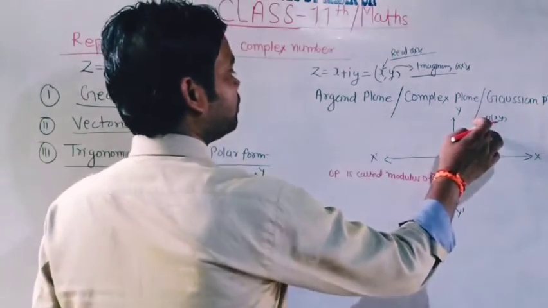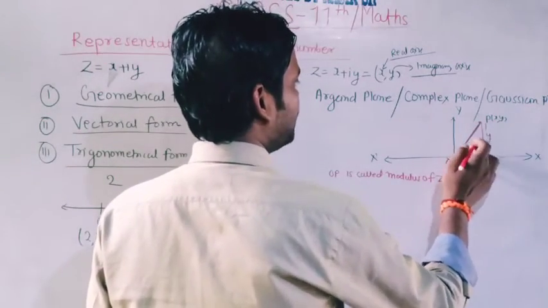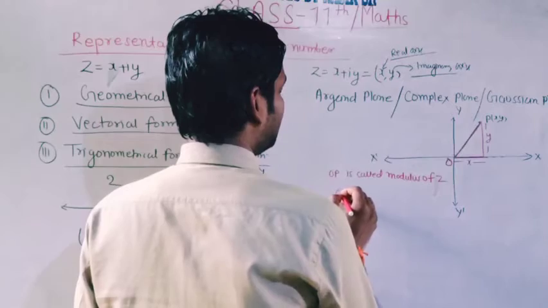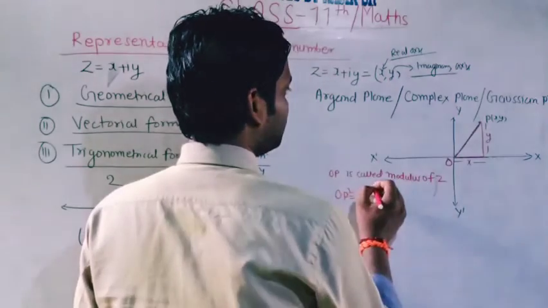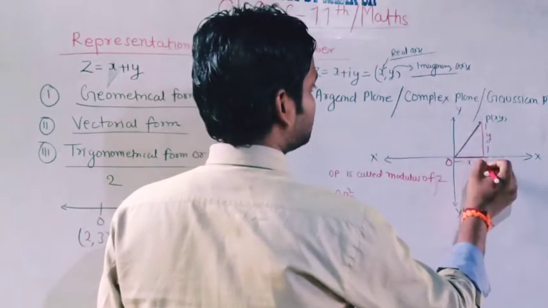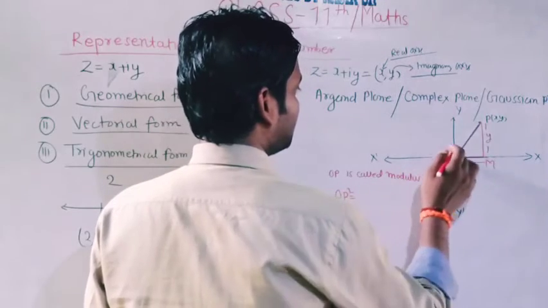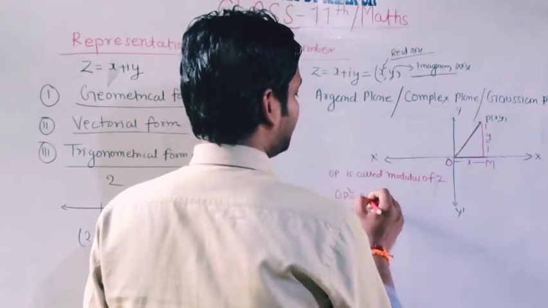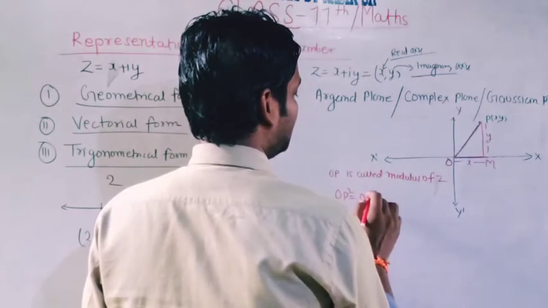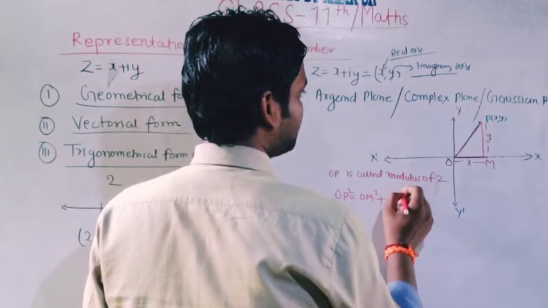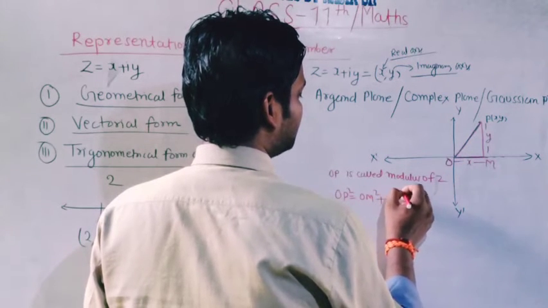By using the Pythagoras theorem, OP square, the hypotenuse square, equals base OM square plus perpendicular PM square.